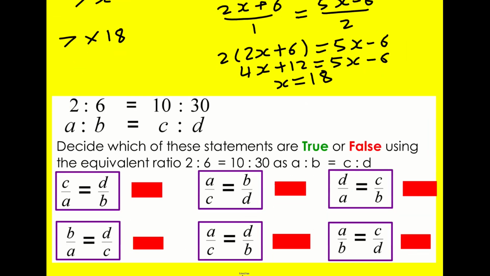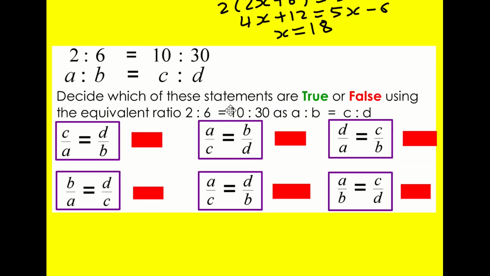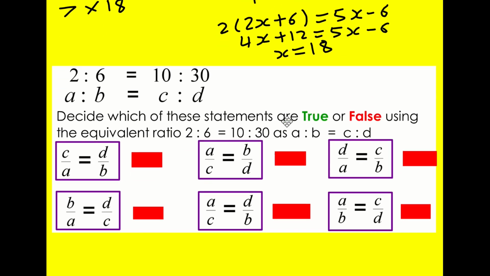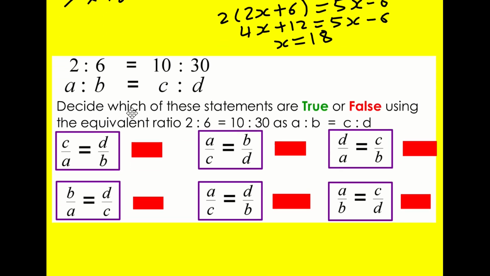Okay, second question. This is linking into the earlier statement I had here, the fact that when I've got two ratios, how can I link them together? I think the 2 to 6 is a little bit confusing actually, but it's meant to help you see that 10 divided by 2 is the same as 30 divided by 6.